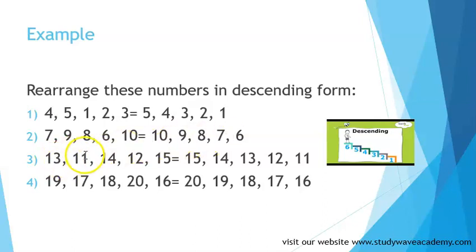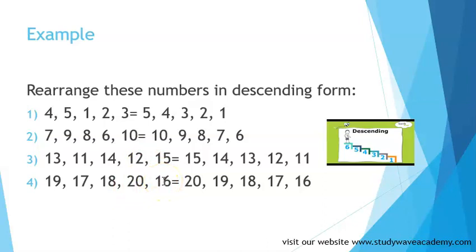We have here 13, 11, 14, 12, and 15. We are going to be picking from the biggest to the smallest. The biggest number here is 15. Before 15 is 14, before 14 is 13, before 13 is 12, and before 12 is 11. So we have 15, 14, 13, 12, and 11. And we have these next numbers: 19, 17, 18, 20, 16.